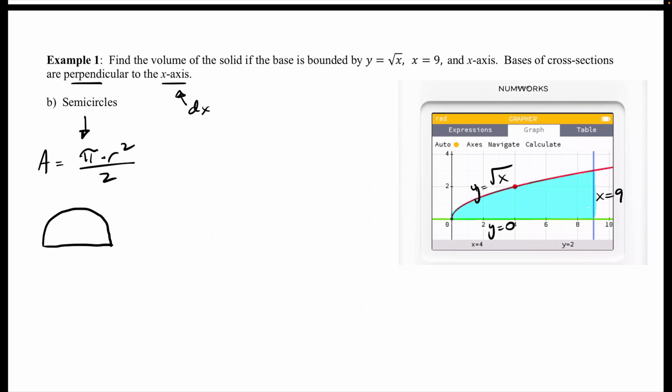So the semicircles are going to sit on top of that, perpendicular to the x, the same way the squares did. Except instead of a square, you're going to have a semicircle. It'll be curved, kind of like a tapered off loaf of bread.